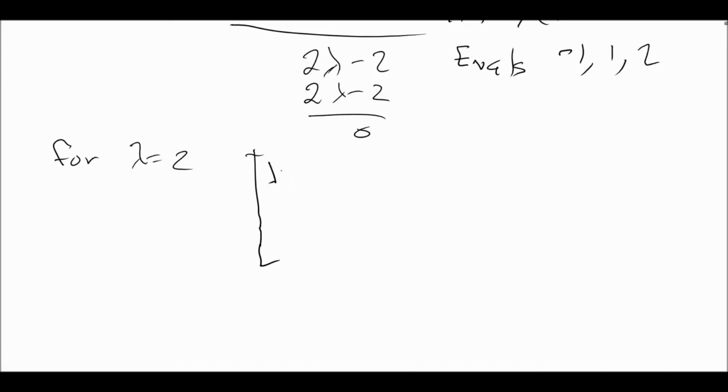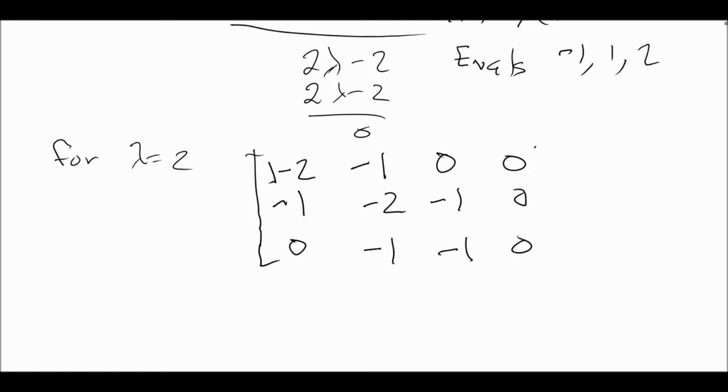The next component is minus 1, then 0 and 0. Then we have 0 minus 2, minus 1, 0. And the last row is 0, minus 1, 1 minus 2. I'll just save myself a bit of time. This first entry is 1 minus 2, or minus 1.